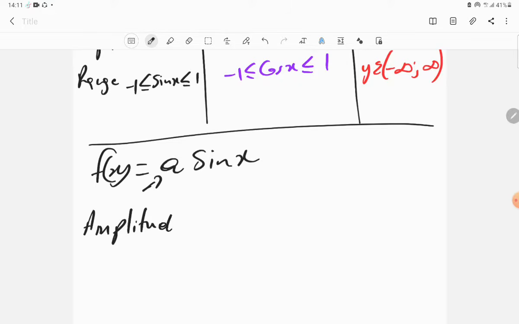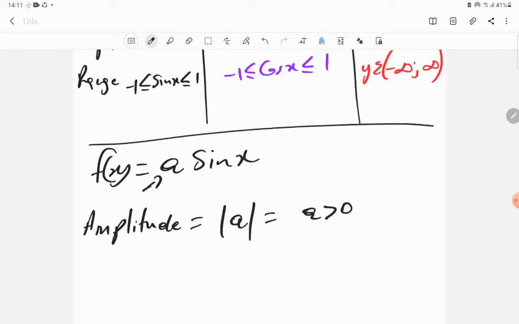The amplitude is always going to be modulus a. What do I mean by that? The amplitude is always positive, so it is always greater than 0.